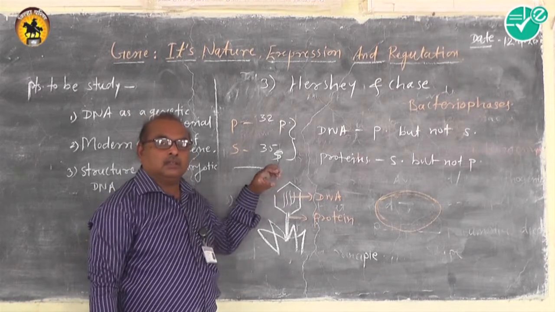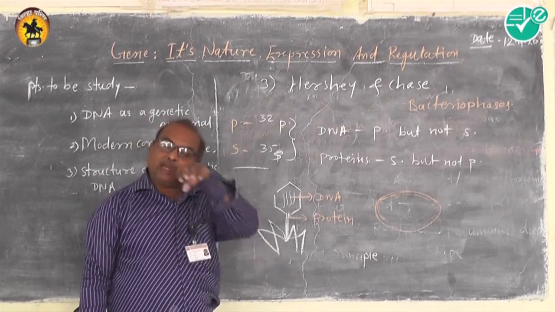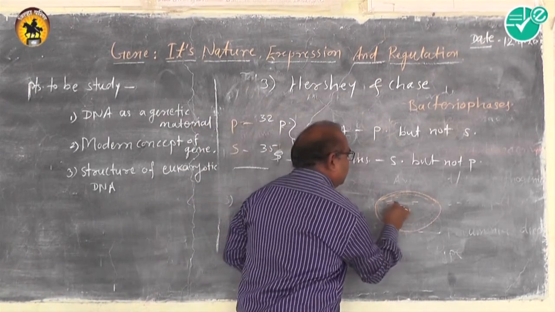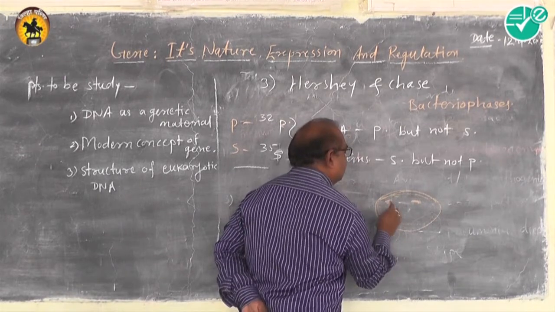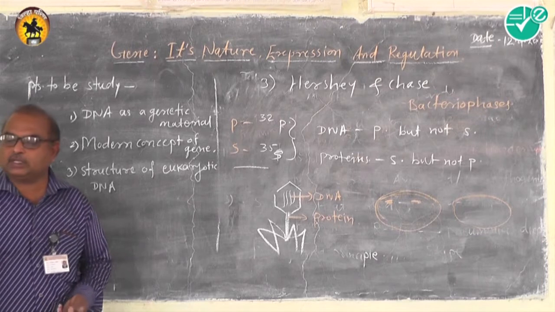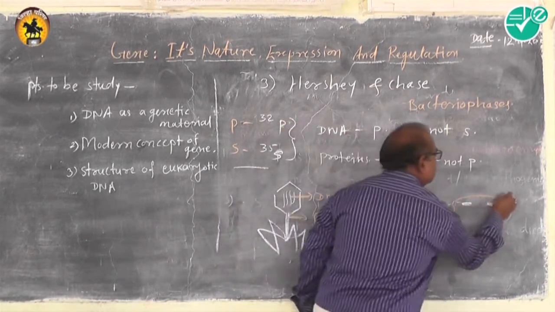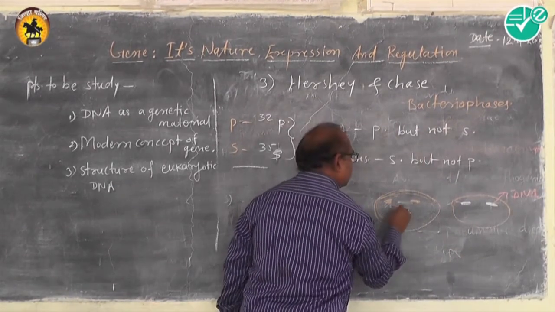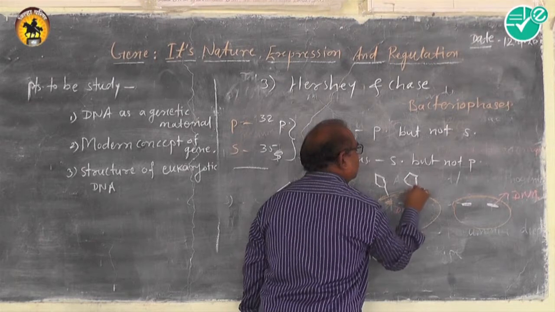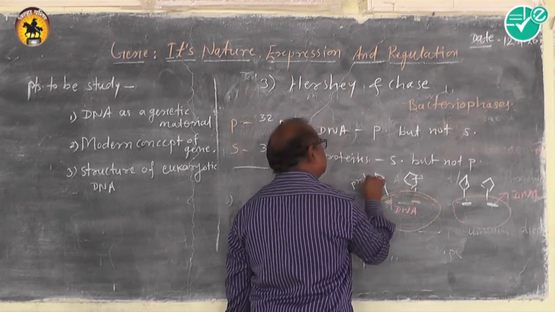Now when these viruses with sulfur isotopes and viruses with phosphorus isotopes infect the bacterial cell, they found that only the DNA of both the viruses is introduced into the bacterial cell, and the protein coat remains outside.